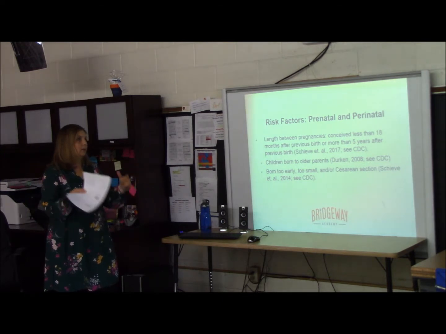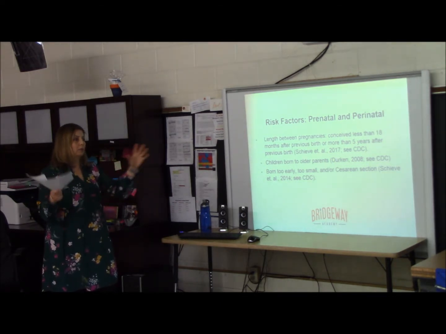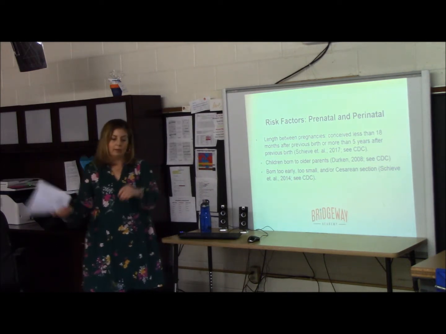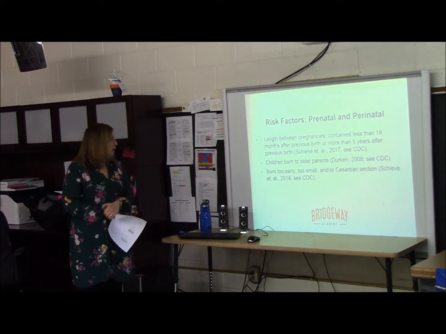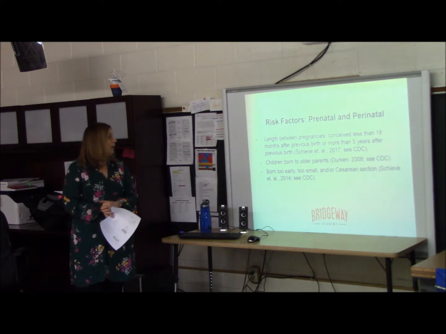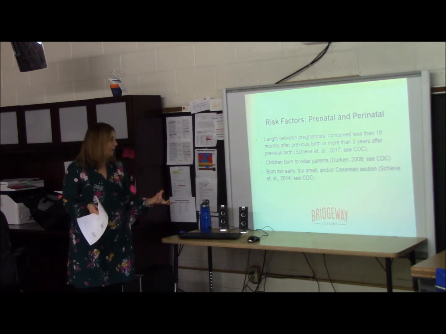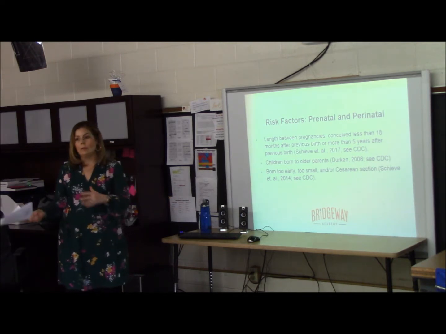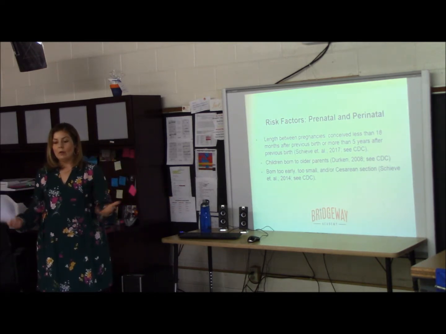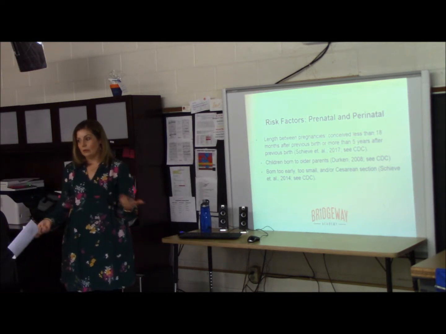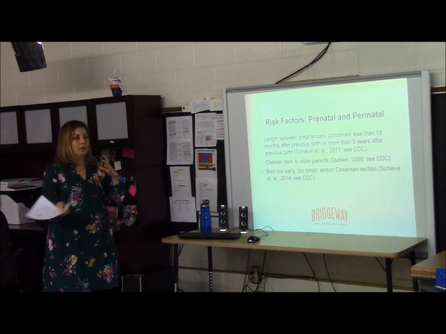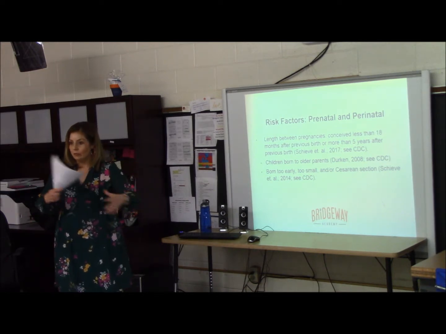I think I heard it has something to do maybe more with the father, age 40 plus. Babies that are born too early, too small, or by cesarean section. And these are all correlational factors again. It's very, very complex. It's impossible to control for all factors in a study when you're looking at real people. And again, there may be an interaction of different things going on.